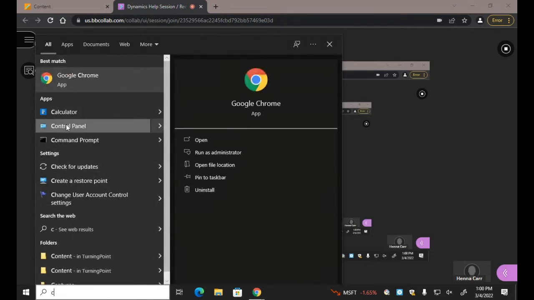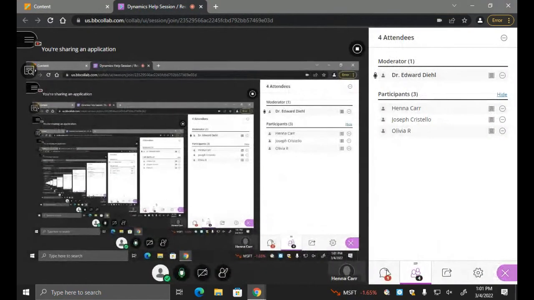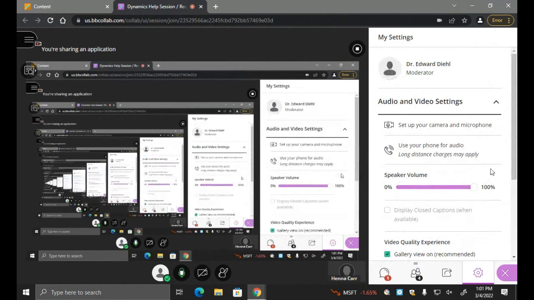Camera. Is it gonna work? Oh, other apps are using your damn camera. This is a problem. Let's see here. One second while I sort out my audio visual woes. So let's see, what do they do here?